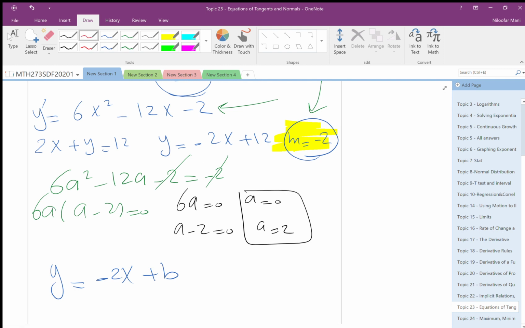Here you put 0 because you found it, but how about for y? You have to find y for a equals 0.